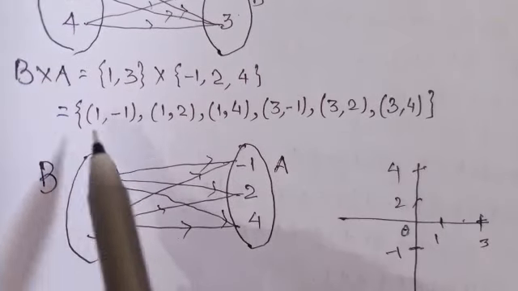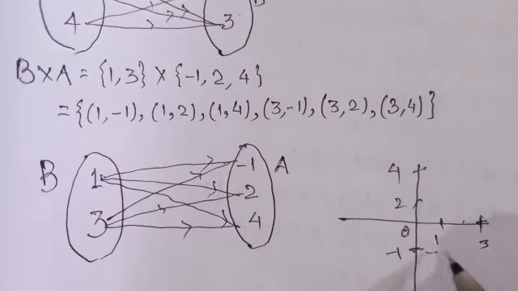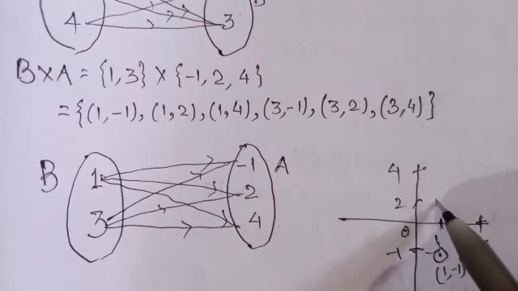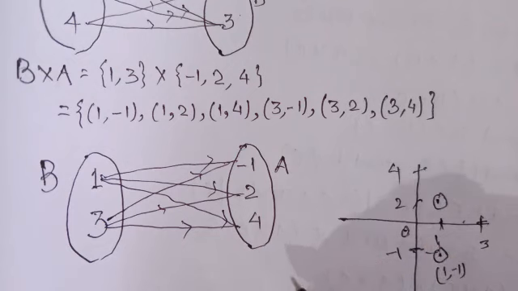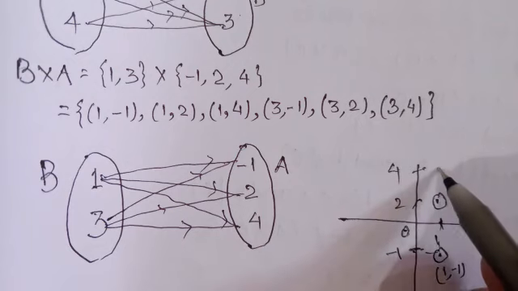Our first is (1, -1), so this point will represent (1, -1). The next one is (1, 2), so this should be (1, 2). Similarly (1, 4), so (1, 4) is here.